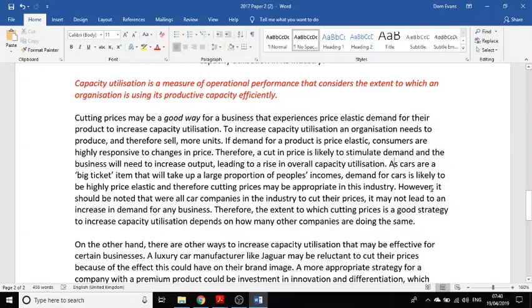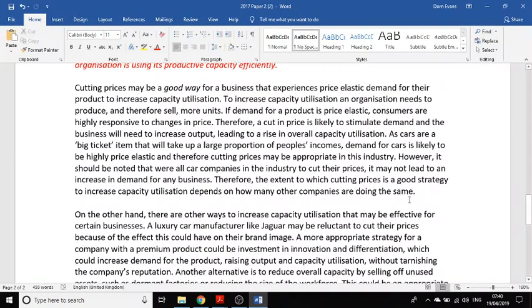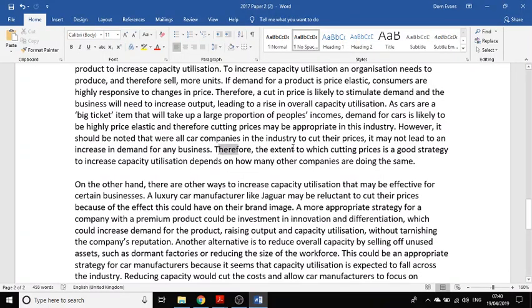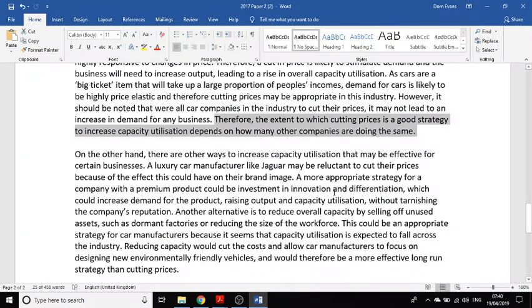If everyone's doing it, if everyone's cutting prices, well, maybe it's not going to be so good. So I've ended by clearly linking to the question and saying what cutting prices depend on. If everyone's cutting prices, then no one gains an advantage and you're just in a price war. Demand for you isn't going to go up because everyone's doing the same thing.